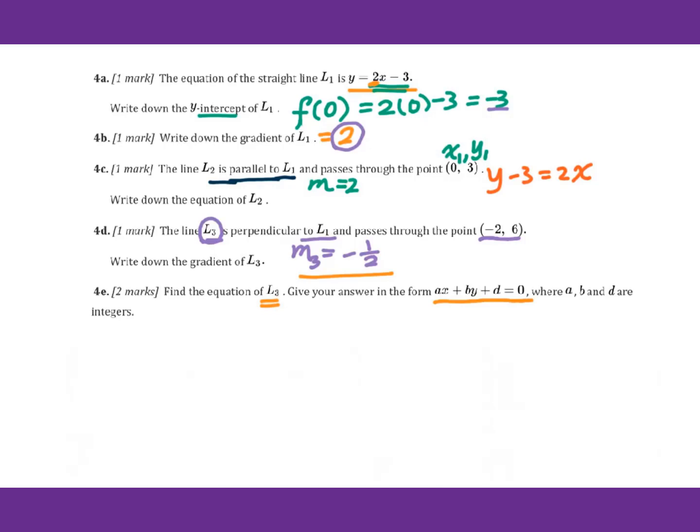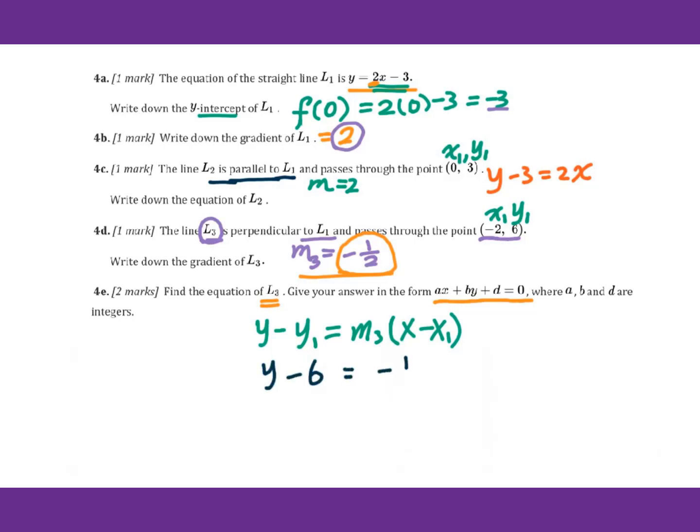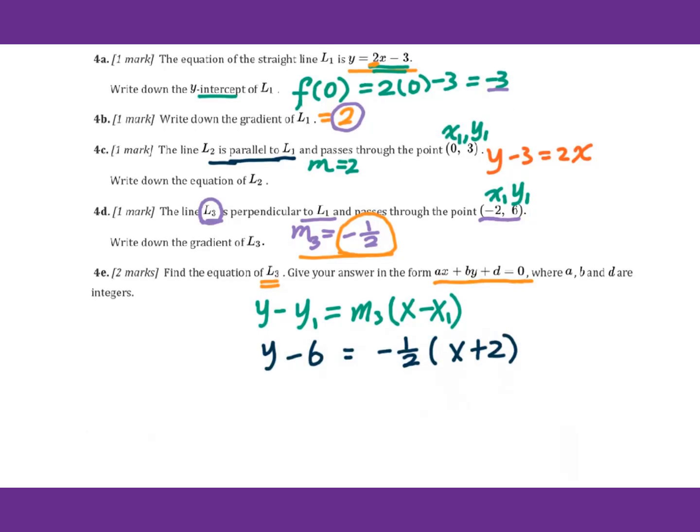We already got the slope, negative 1 over 2. Therefore, using y minus y1 equals slope 3 times x minus x1, and this will be the x1, y1, we plug in: y minus 6 equals negative 1 over 2 times x plus 2, because x minus negative 2 equals x plus 2.